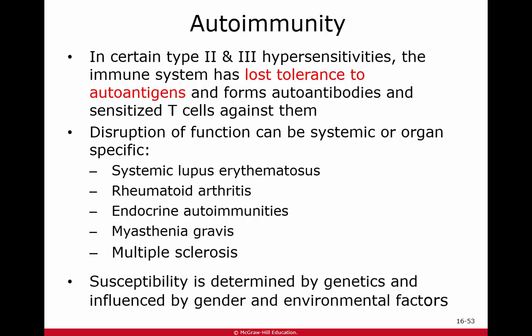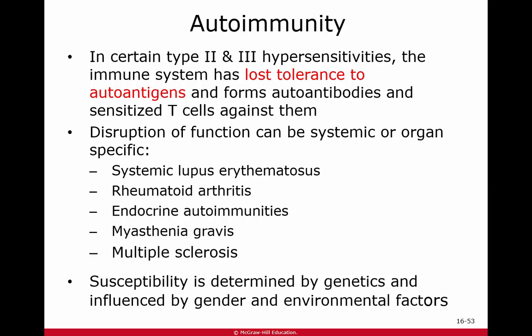Alright, the last thing that we're going to talk about here is autoimmunity and some of the immunodeficiencies. Sometimes in your type 2 and type 3 hypersensitivities, the immune system loses tolerance to your autoantigens, to your self-antigens, and it will form these antibodies and sensitize your T cells to fight them.